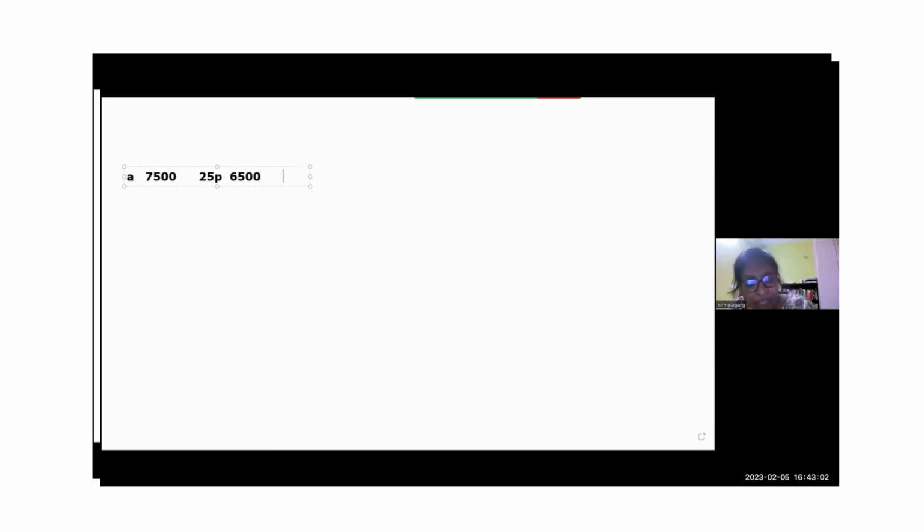The midpoint of the salary range, I will just mention midpoint, is 10,000. And the 75th percentile is 14,590.